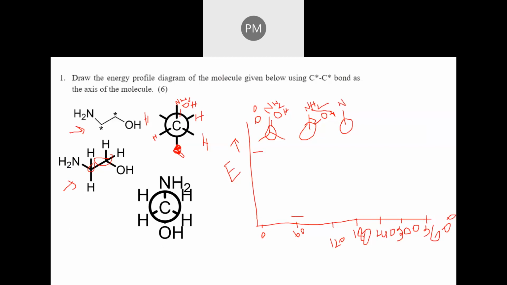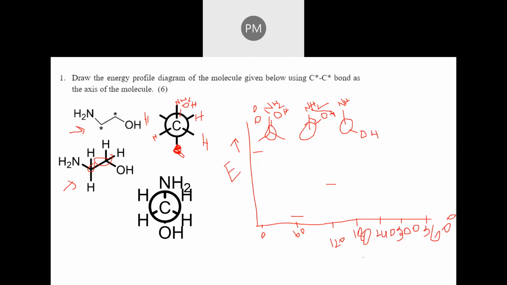So this NH2 is fixed, and then the OH will come here. So this is similar to this conformation, a little more stable than that conformation, but not as stable as this conformation. So this energy will be somewhere here.